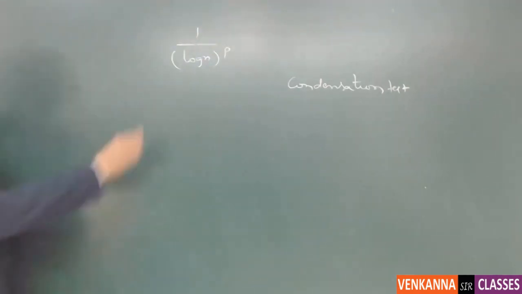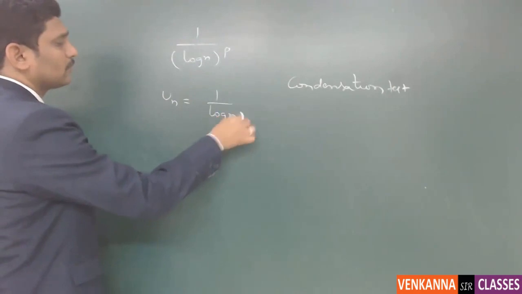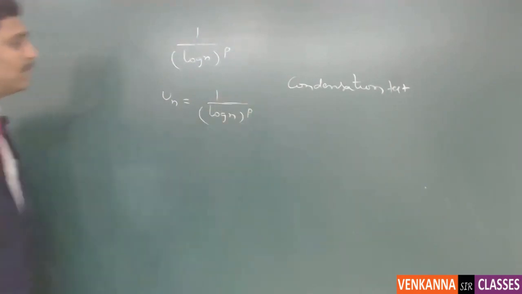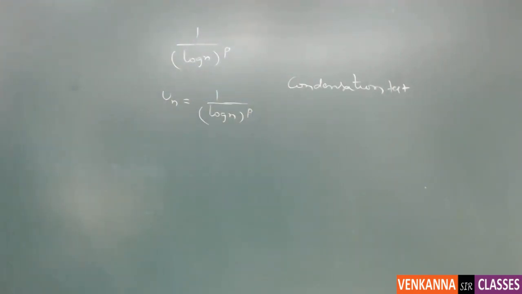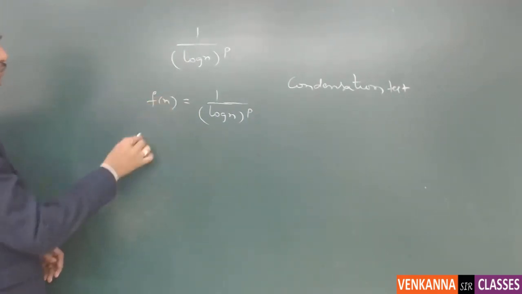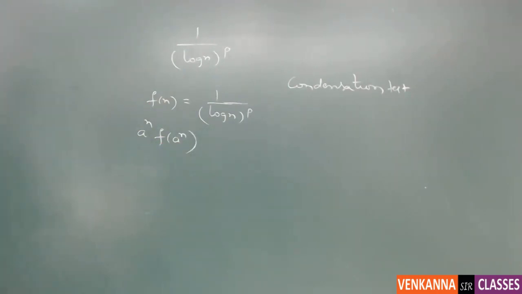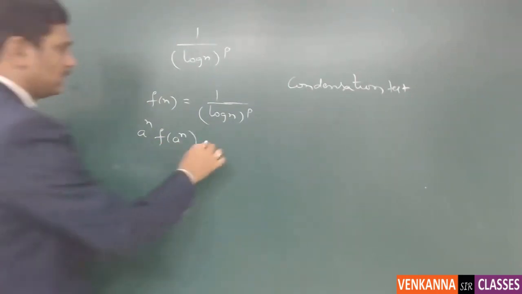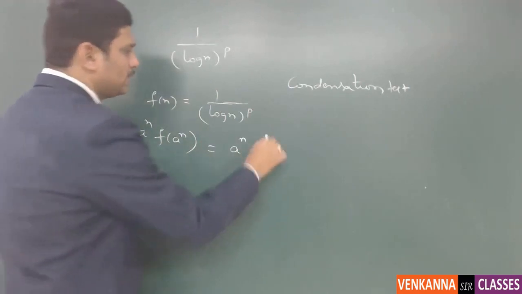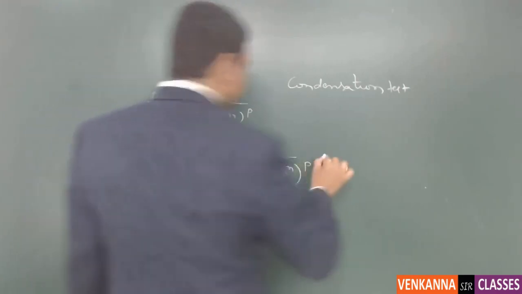So you take that un is equal to 1 by log n whole power p. So, or you can take it as f of n is equal to. So you take a power n into f of a power n, right? So this is equal to a power n into 1 by log a power n whole power p.